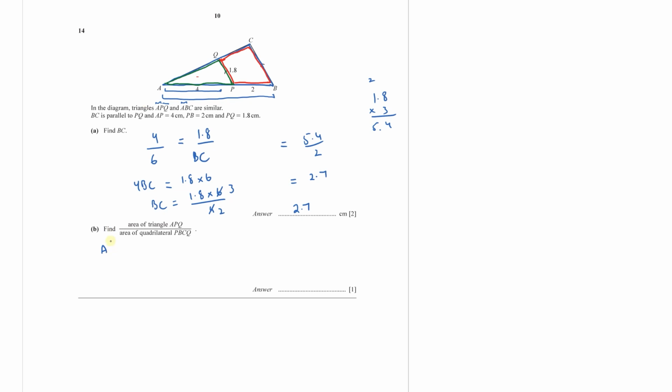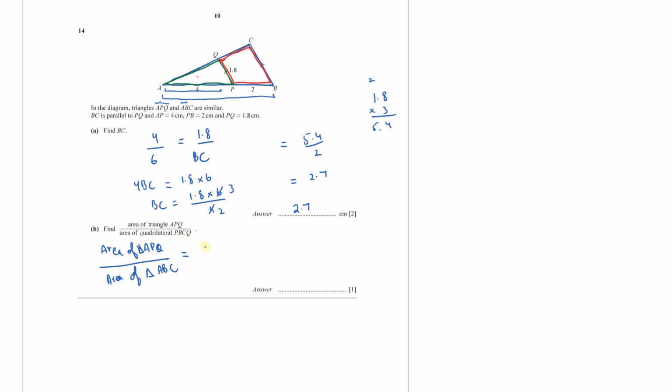So using the property that the ratio of areas of similar triangles is equal to the square of the ratio of the corresponding lengths. So let's say area of triangle APQ over area of triangle ABC. I can use these two sides again, AP and AB, the two corresponding sides of the two similar triangles.